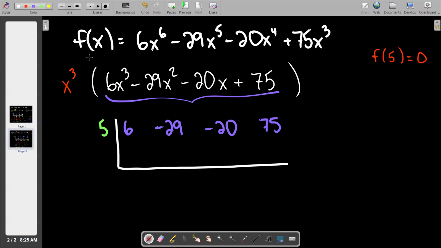Put your 0 and just work towards it. And we begin. Drop the 6 and we're off. 5 times 6, negative 29 plus 30. 5 times 1, negative 20 plus 5. 5 times negative 15. And there's our 0.